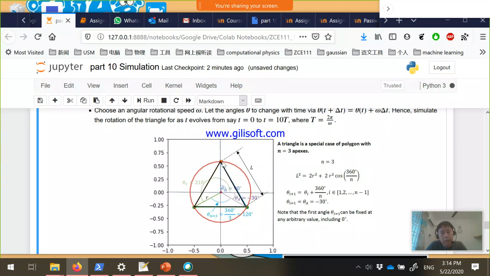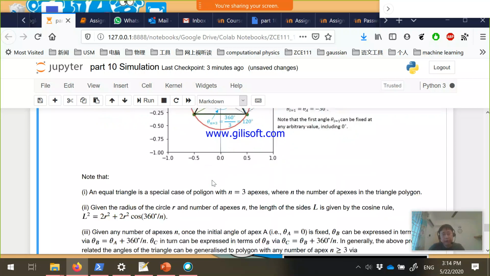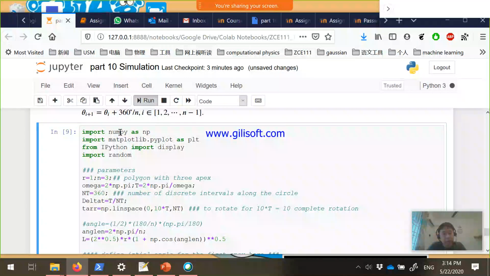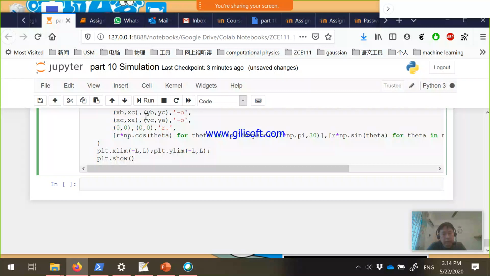The idea is you first have to know the coordinates of the points, and then you need to know how the coordinates change with time. So you need an equation that tells you how each of the coordinates changes with time. Then you displace the points at different times. Then what you will see is a simulation of an object which is rotating.